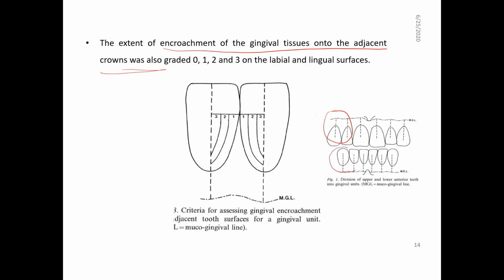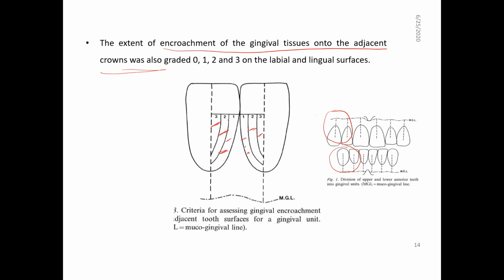So if the gingival tissue basically enlarged and covers this part of the tooth, then the score of 1 is given. If it extends up to this part, then score of 2. And if it covers up to the middle part of the crown, then score 3 is given. So likewise 0, 1, 2, 3 is given according to the encroachment of the gingival tissues onto the adjacent crowns.